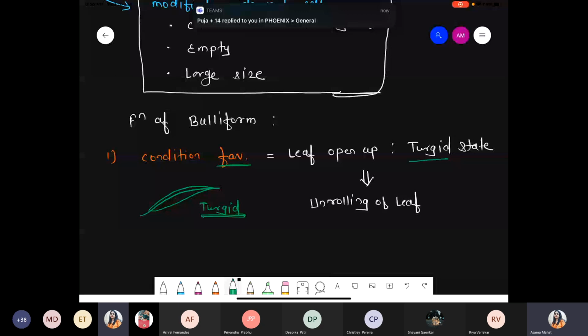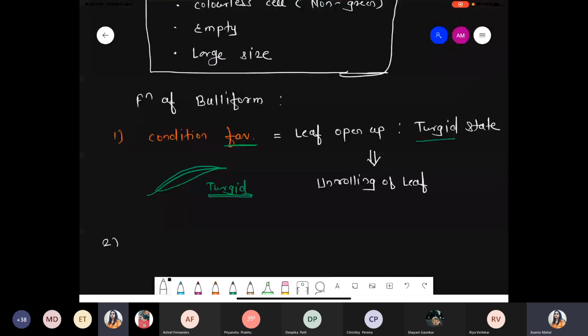Second part: if the condition is unfavorable. Now what happens during the unfavorable condition? The leaf is not showing the turgid state, because water is present in stress amount. If there is water stress, ultimately which condition do we obtain?